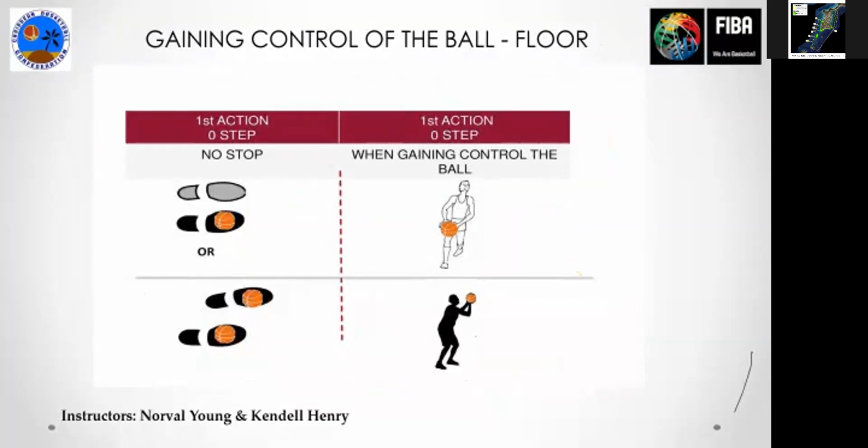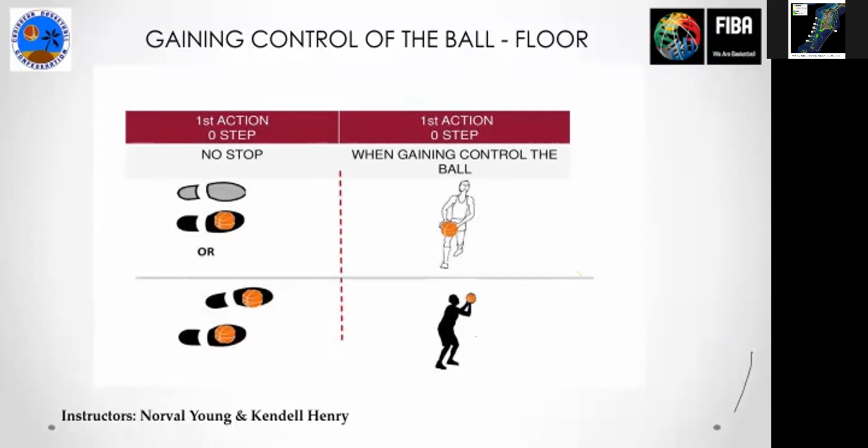Then your first action is now, and it clearly shows here. This is basically in conjunction with the previous slide, where it shows you gain control with one foot on the floor, and it then shows you exactly how that would look. So, gain control, one foot on the floor, which is the right.